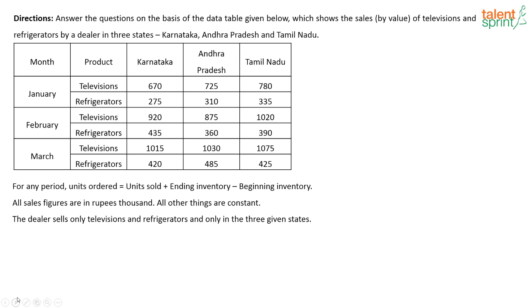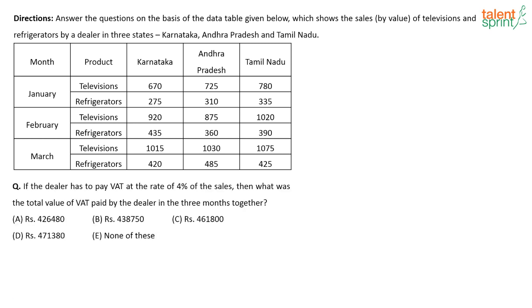For any period, units ordered is equal to units sold plus ending inventory minus beginning inventory. All sales figures are in rupees 1000. All other things are constant. The dealer sells only televisions and refrigerators and only in the 3 given states. This is the information given about the table, and then questions follow.